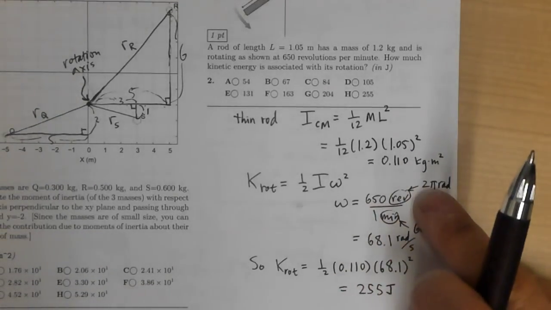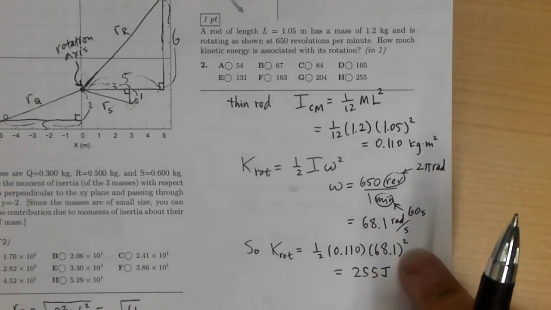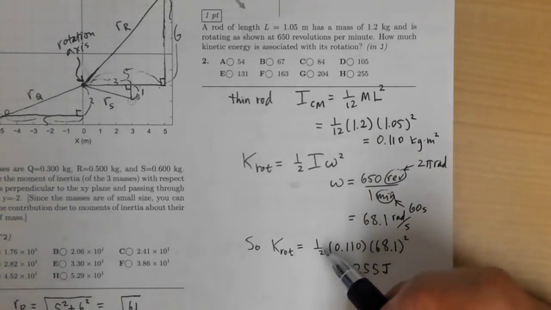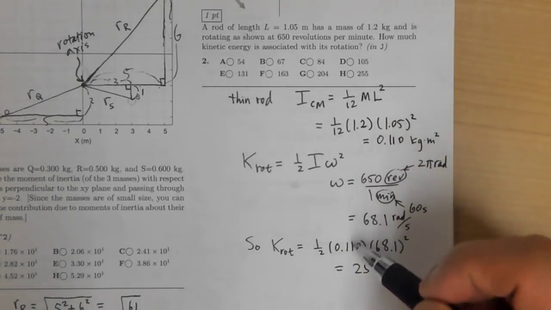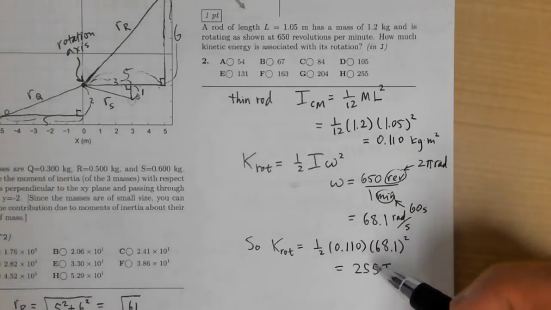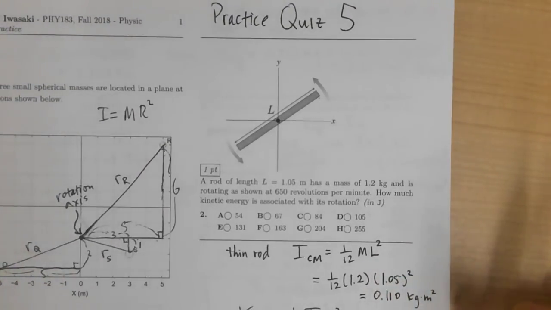So I have 650 times 2 pi divided by 60 gives me 68.1 radians per second. Now the rotational kinetic energy is 1/2 I, which is 0.11, times omega squared, so 68.1 squared gives me 255.